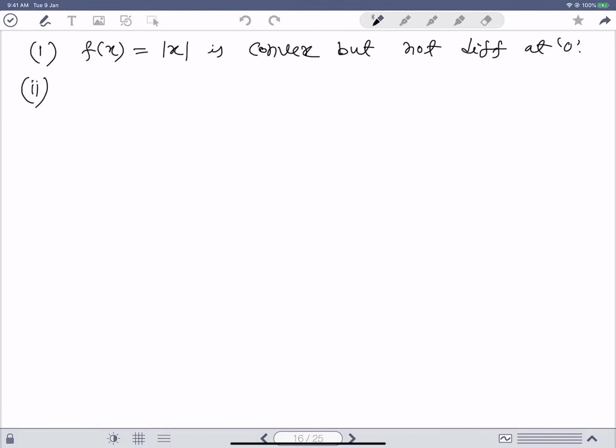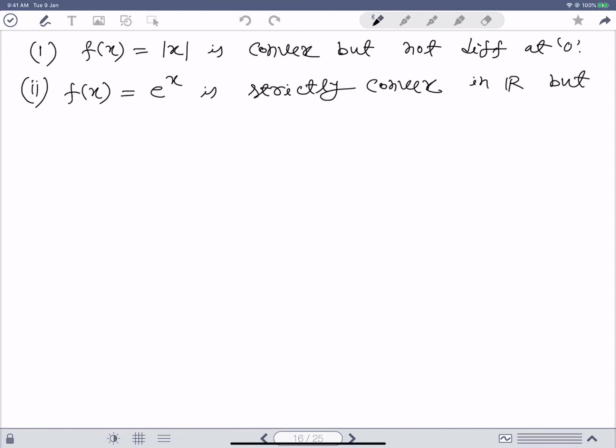Now another one that people believe is that f of x equal to e to the power x is strictly convex in R, but it looks like it is strongly convex, but it is not strongly convex.